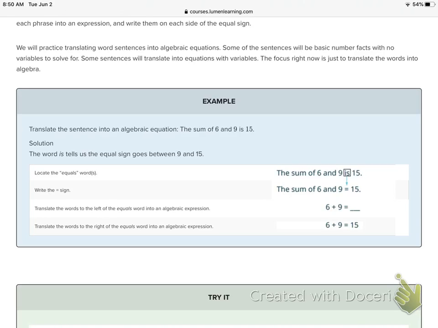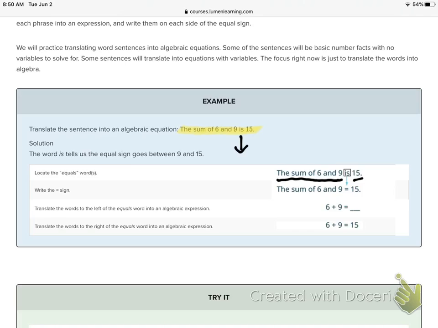So here's an example that's been given to us, okay? We're translating the sentence: the sum of 6 and 9 is 15. The first thing that we do is find that is, like they say, and turn it into an equal sign. So now we have the sum of 6 and 9 equals 15.